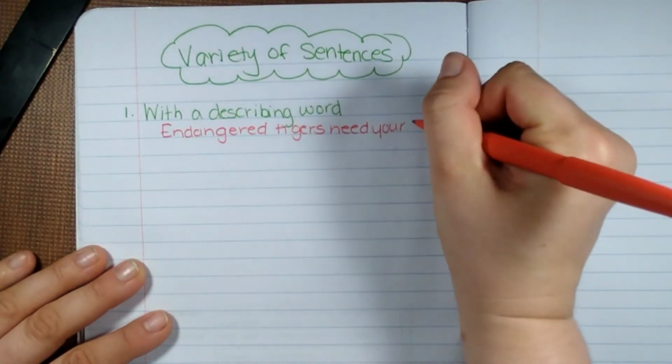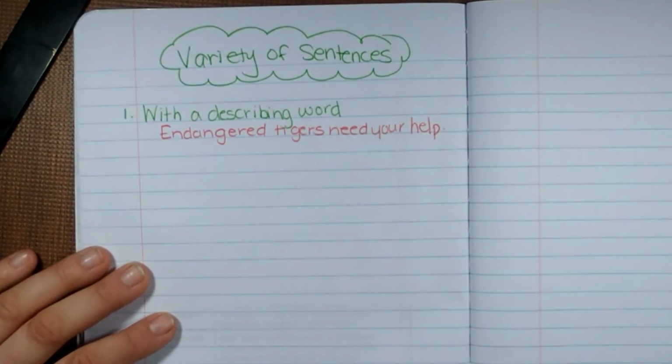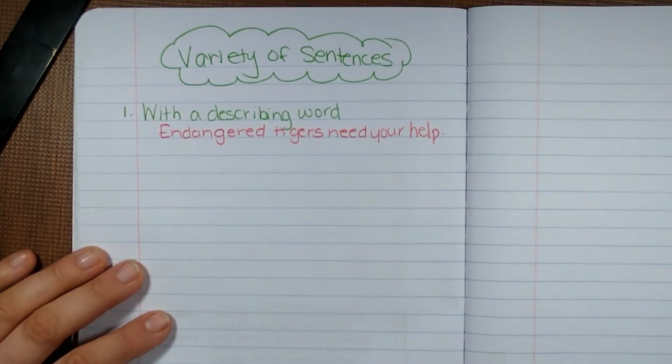So all of these are going to be essentially the same information about endangered tigers needing help, or they're going to be extinct, or they're endangered, and something's going to happen to them if they're not saved. But I'm going to rephrase them in different ways.